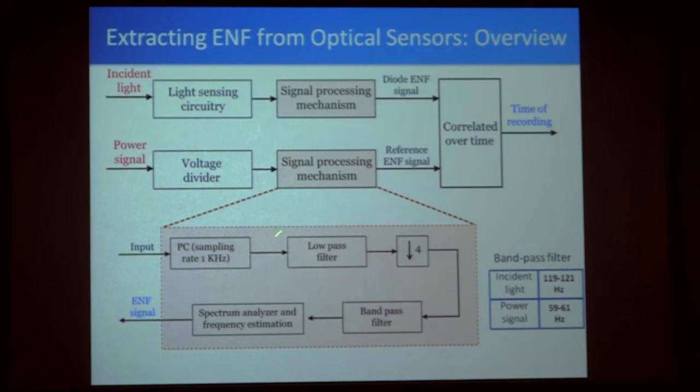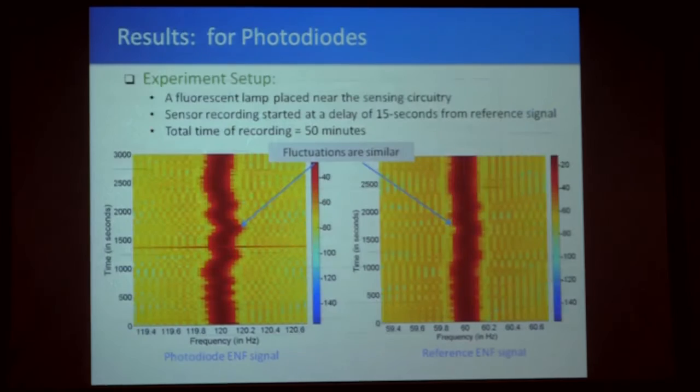If necessary, we can further reduce the sampling rate to just above twice the nominal, and then we zoom into this particular frequency range through a bandpass filter, and then do the spectrum analysis and frequency estimation. After we do this for both signal lines, the photodiode and the power, we can correlate them, looking at the cross correlation and at which alignment we have the highest similarity.